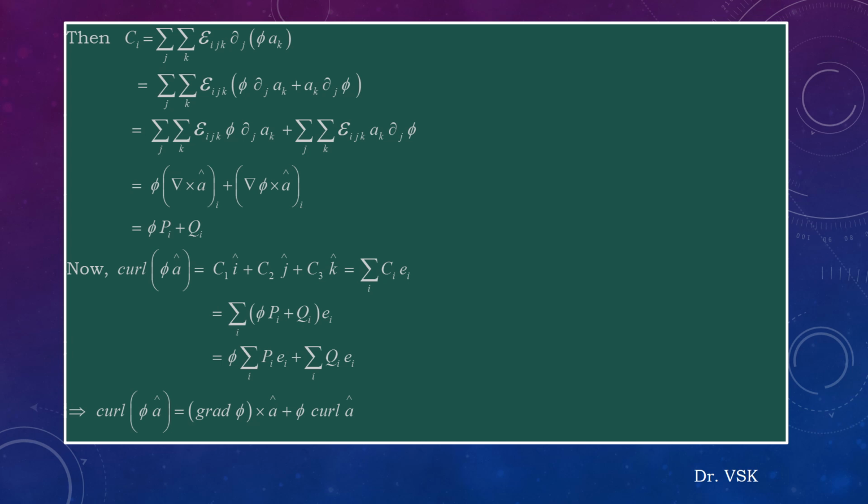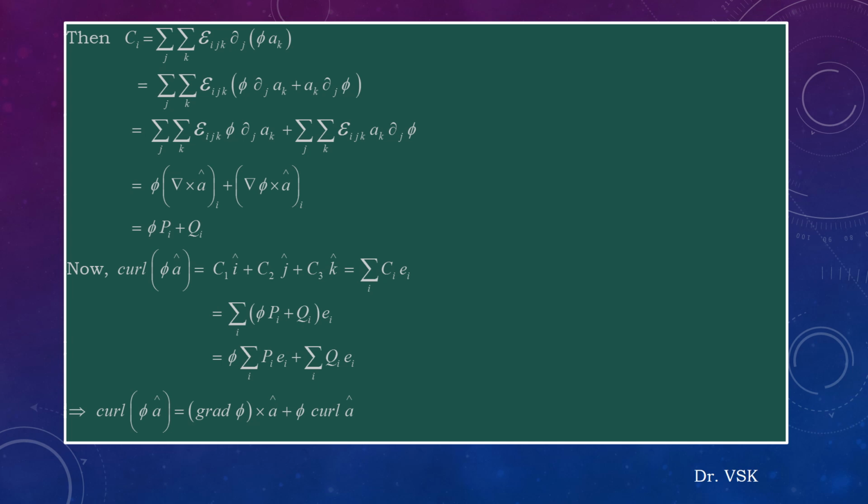Otherwise, we can do one thing. Take curl phi a cap equals c1 i cap plus c2 j cap plus c3 k cap. That equals c1 e1 plus c2 e2 plus c3 e3. Then curl phi a cap can be written as sigma over i ci ei.